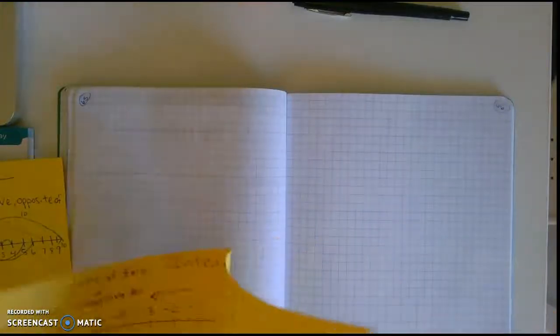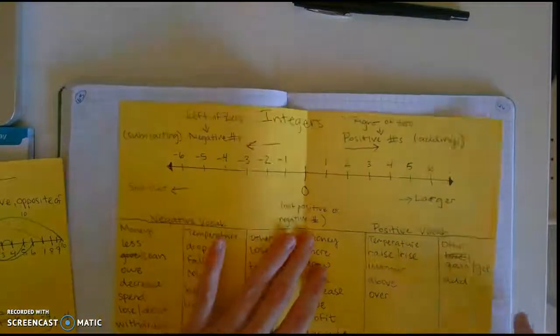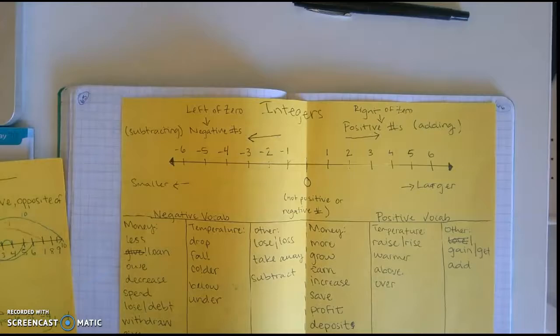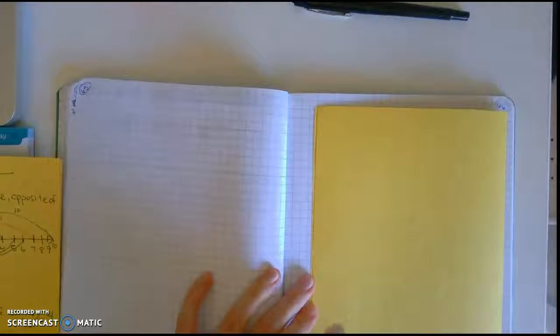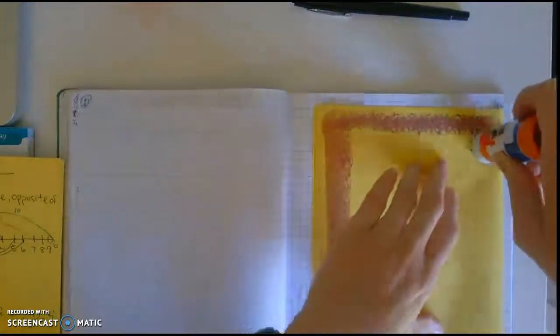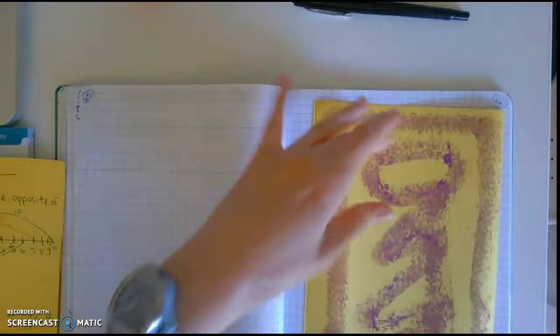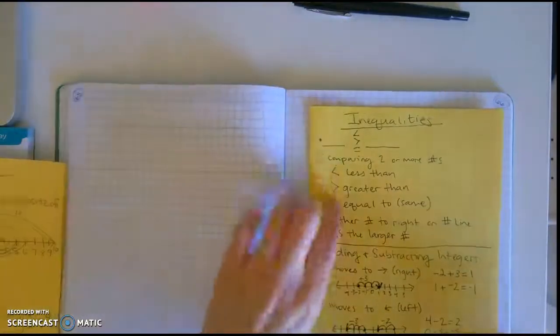So for me, I'm going to start with my integers note page, and I'm going to glue that onto page 66. I can open my glue. I'm going to glue on that blank side that you should have. Okay, and that's going to go on 66.